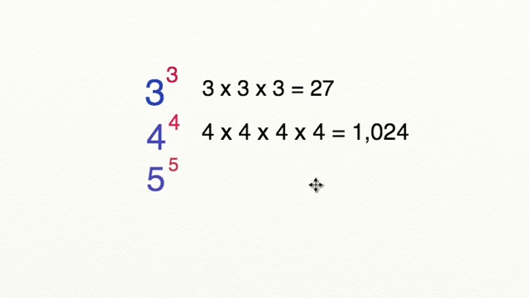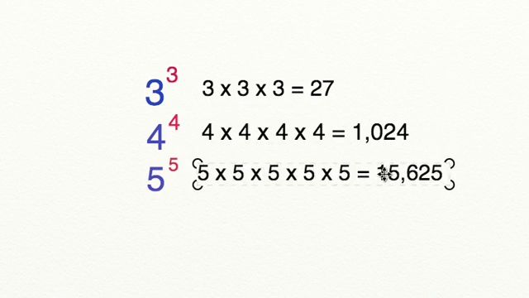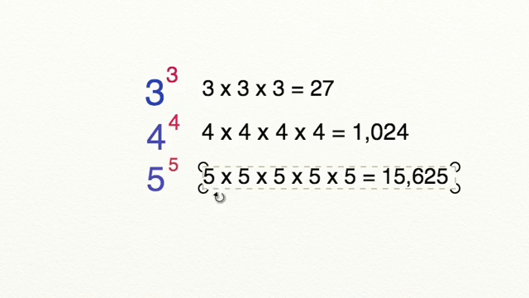All right, let's go ahead and try 5 to the fifth power. How many times are we going to have to multiply the number 5 by itself? Well, since our exponent is a 5, that means that we're going to need to multiply the number 5 5 times. So if we multiply 5 times 5 times 5 times 5 times 5, we get 15,625.